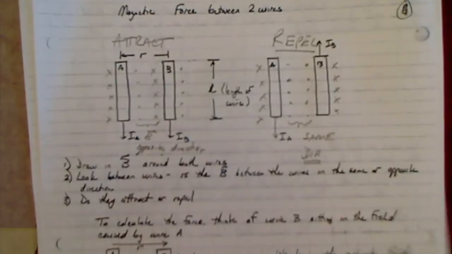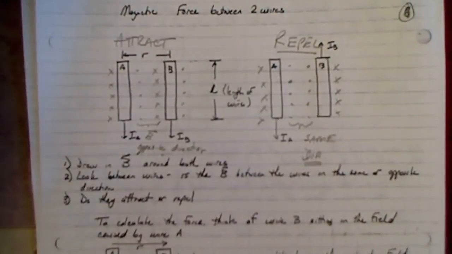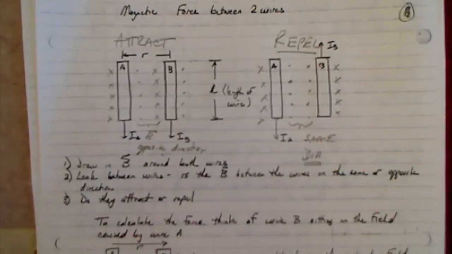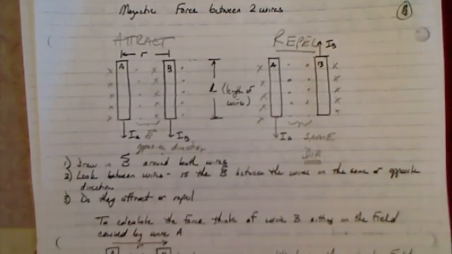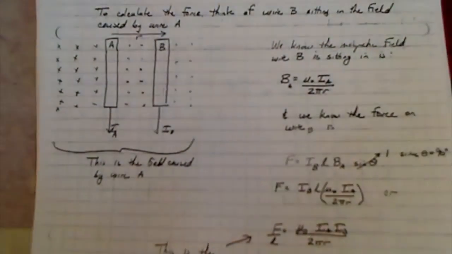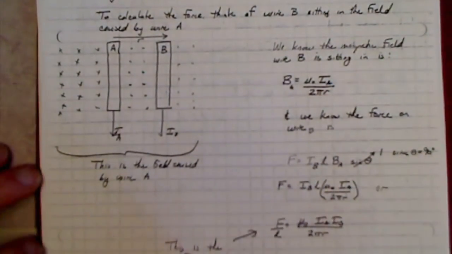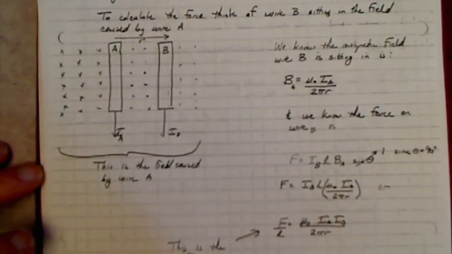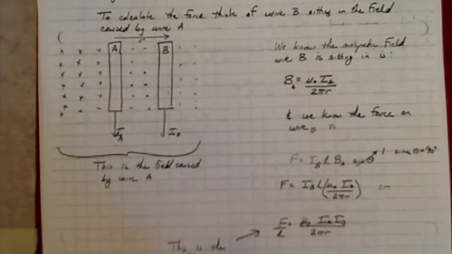Fair enough. Now, let's say we want to find out just how strong that force is if we happen to know the distance between the two wires and the current in those two wires. Now, we won't really be able to get the force itself.